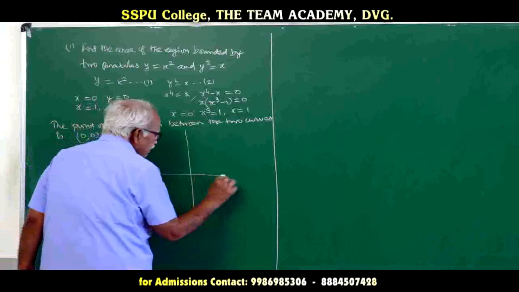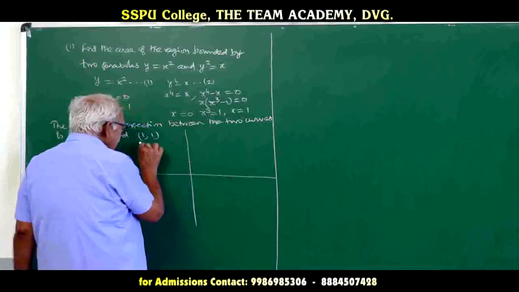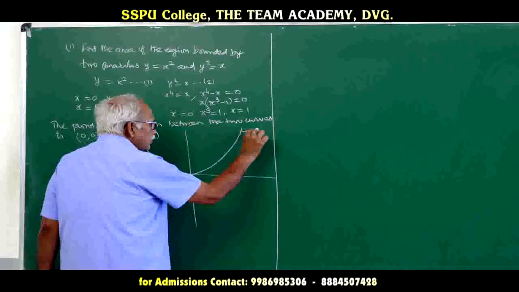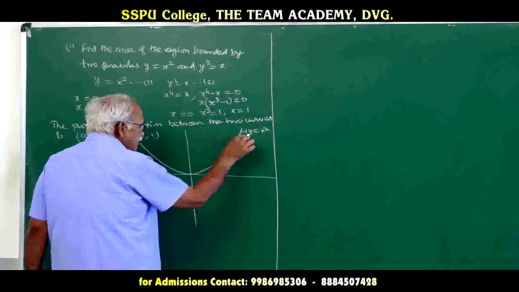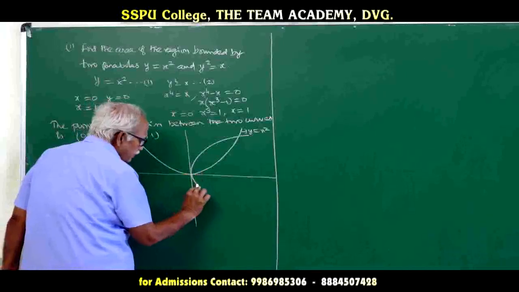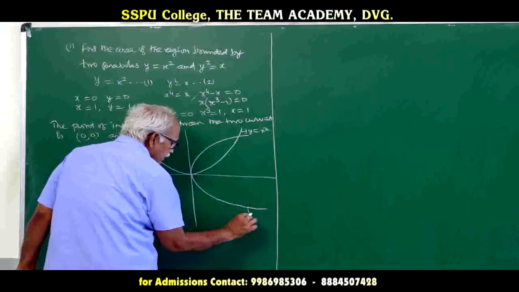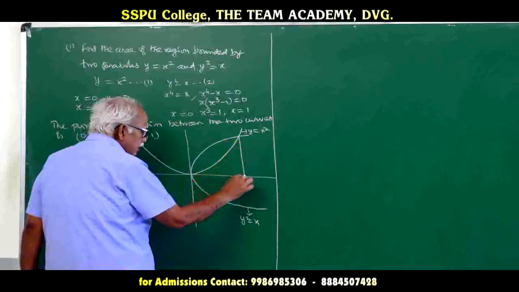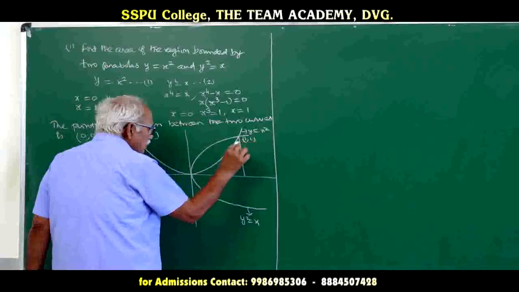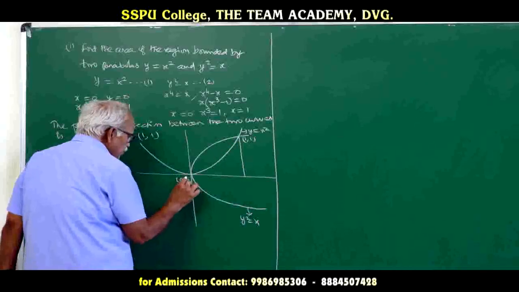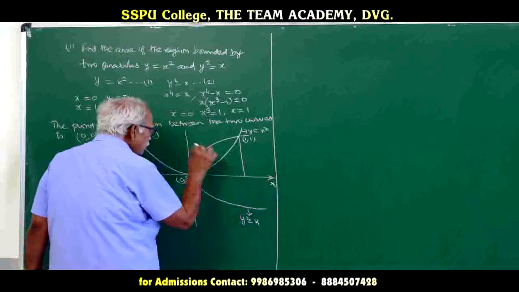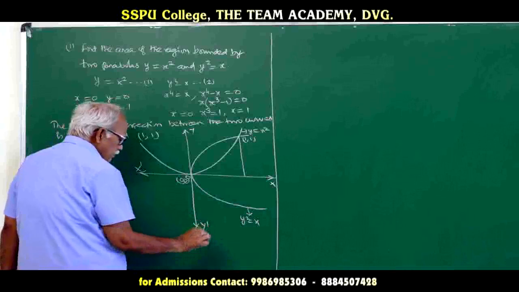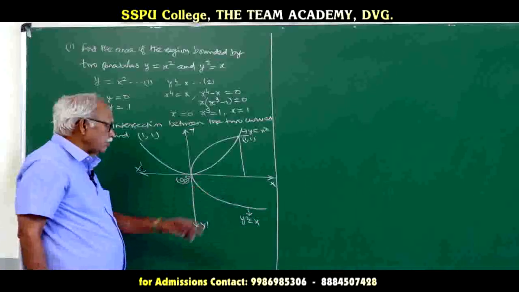See, the figure for this is first the y is equal to x square curve, and then y square is equal to x. So, the area that we have to calculate, the points of intersection are 1, 1 and 0, 0.